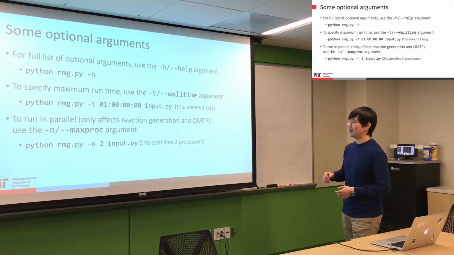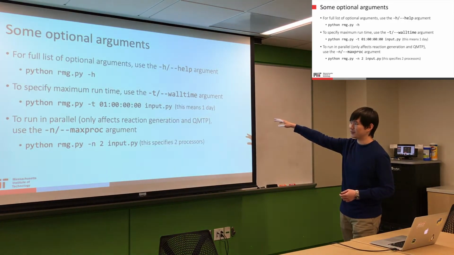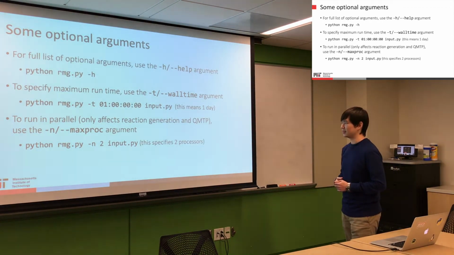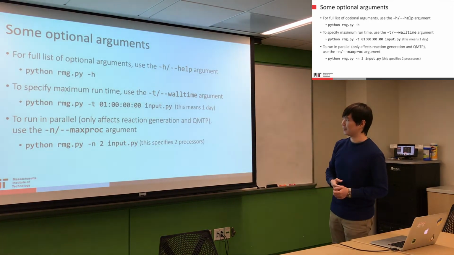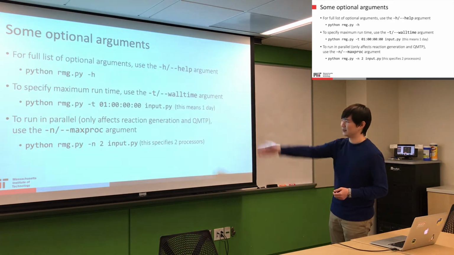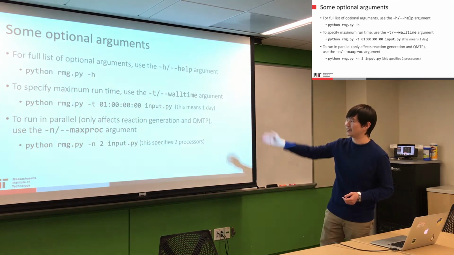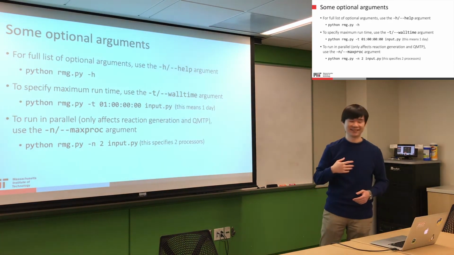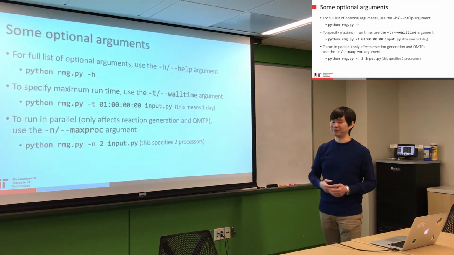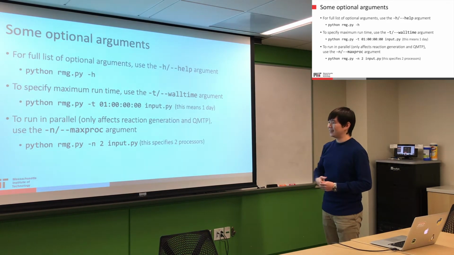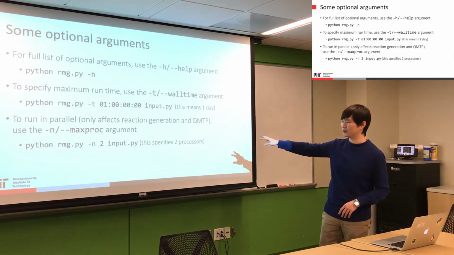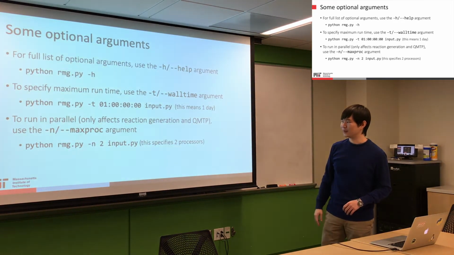Right. For example, you can also specify the maximum runtime for your job using the -t flag, and then you can specify a length of time in days, hours, minutes, seconds, and RMG will try to gracefully end your job before hitting that time. You can also run in parallel. Right now this only affects reaction generation and QMTP, which I'll talk about a bit more later.